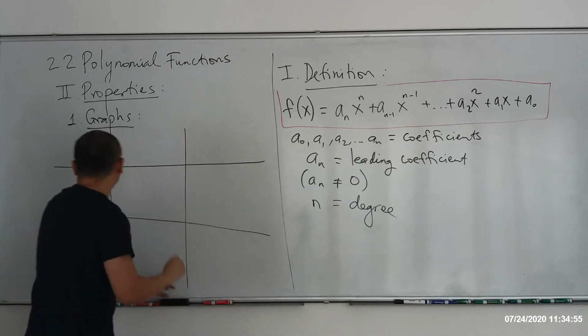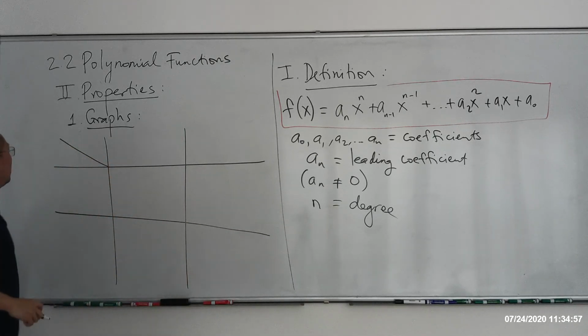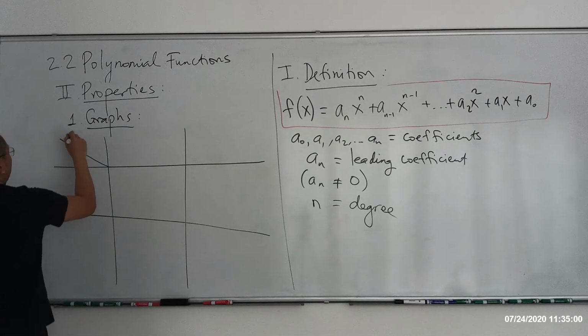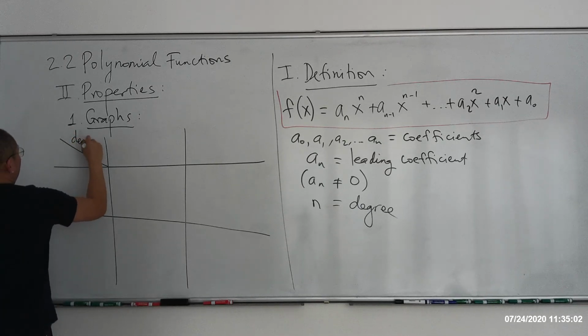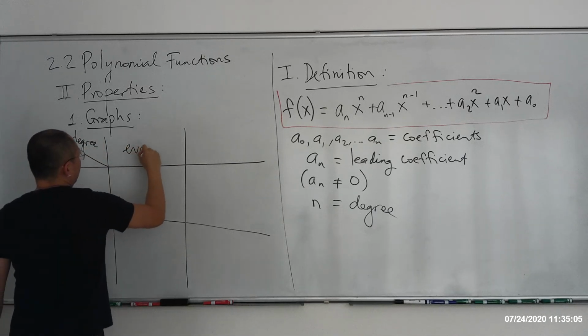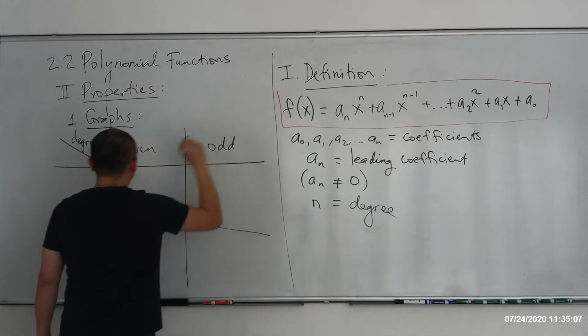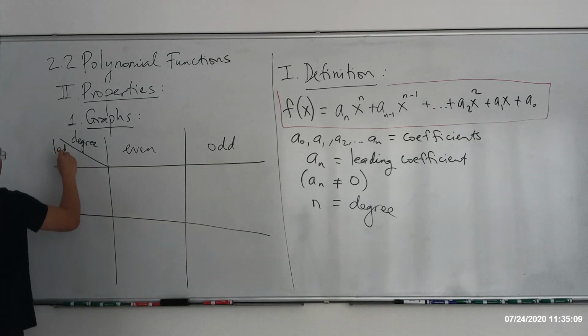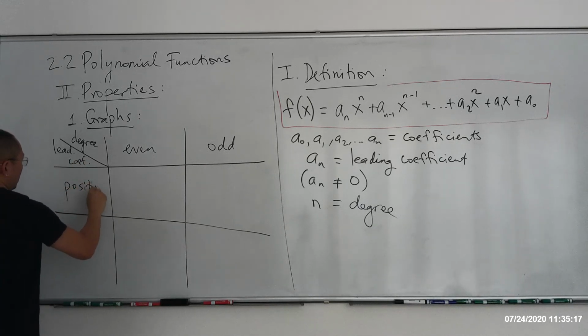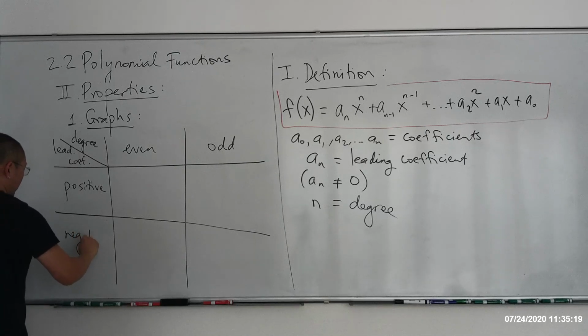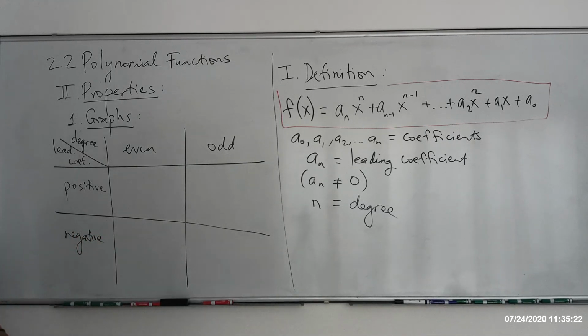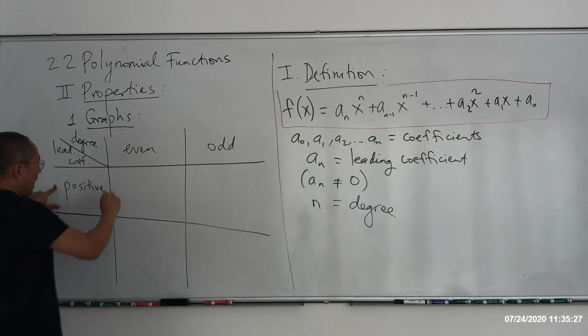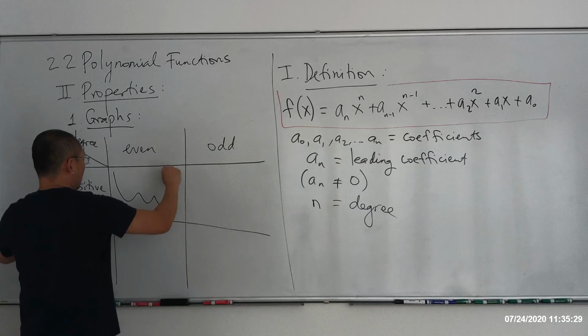The degree could be even or odd, and the leading coefficient could be positive or negative. So if you have a polynomial function with even degree and positive leading coefficient, then in general the graph is going to look like this.